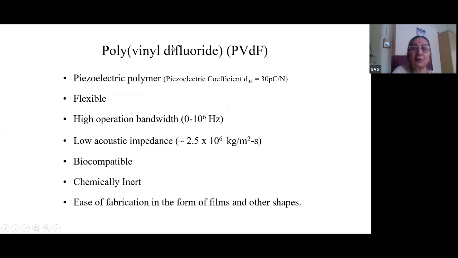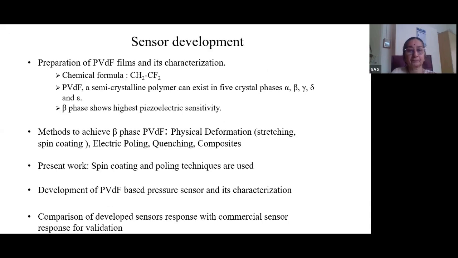PVdF is a polymer having a large piezoelectric coefficient, because even a very feeble pulse should be detected. It is flexible, with high operation bandwidth, low acoustic impedance, biocompatible, chemically inert, and can be easily fabricated in the form of films and other shapes.